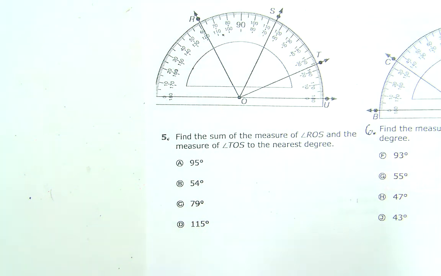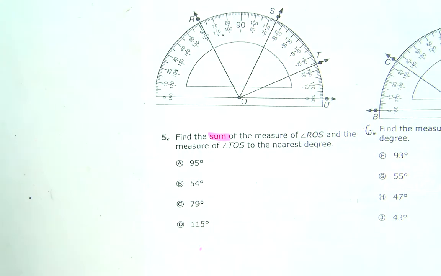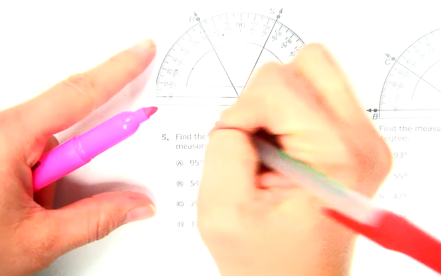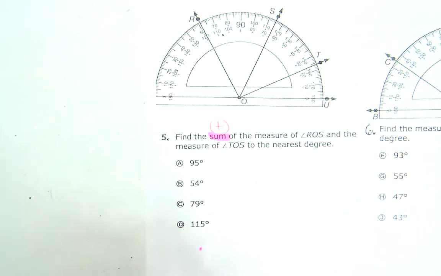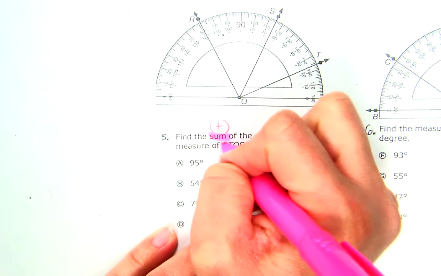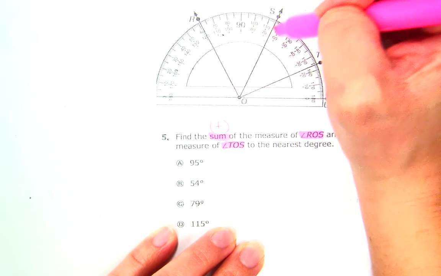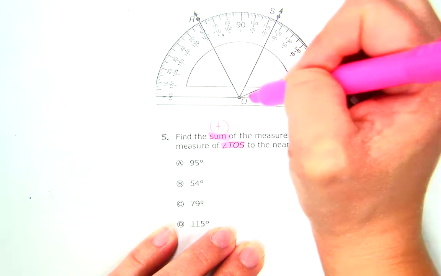So I'm going to highlight. Find the sum, that means we're adding, the measure of ROS and the measure of angle TOS. So ROS and TOS.